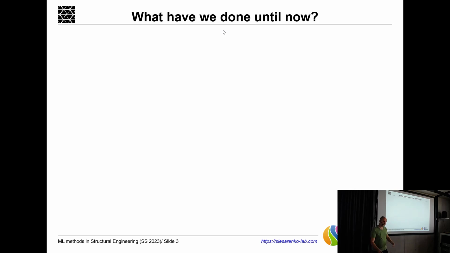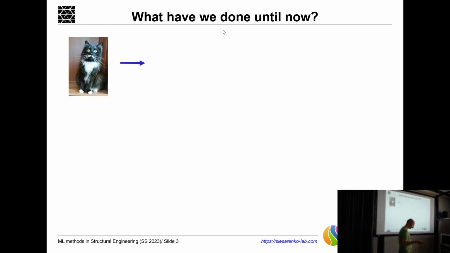So, what if we try to think about previous models and previous architectures that we learned? Let's talk about multi-layer perceptron models like deep neural networks and CNNs. When we work with them, what actually happens is the following. We give the image to our pre-trained neural network, and it tells us, okay, this is a cat.